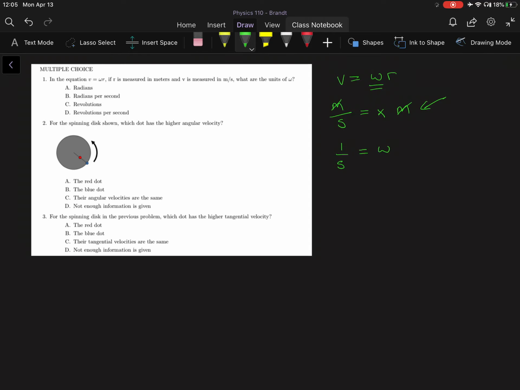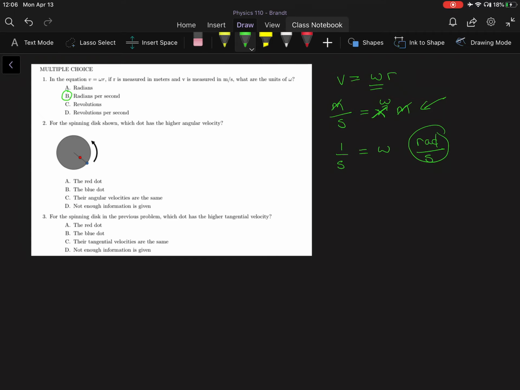So I guess if we, instead of using x here, use omega just to be consistent, we know that omega has to be in units of 1 over seconds, so it has to be a per second, and in this particular case it's radians per second, because radians is not an actual unit, it's a ratio.